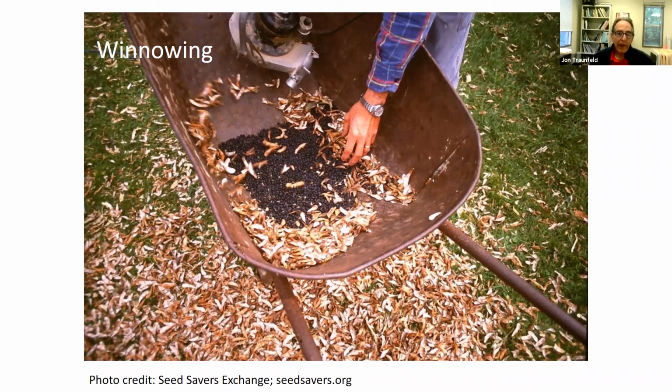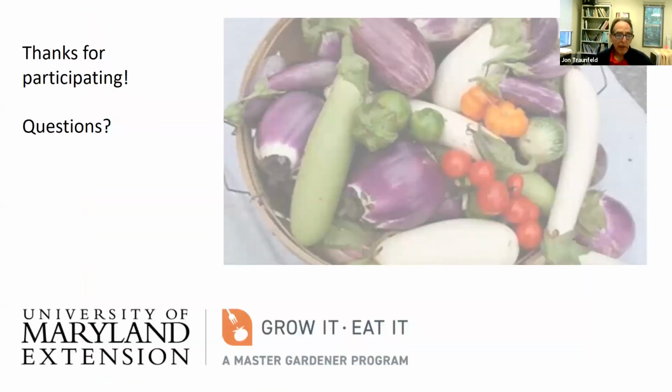I've seen people do that in front of a box fan, just dropping the seeds into a large bucket below, with the air from the box fan blowing the chaff off to one side. And hardware cloth screens that are 1/4 inch or 1/8 inch can also allow seeds to drop through while keeping the chaff out.